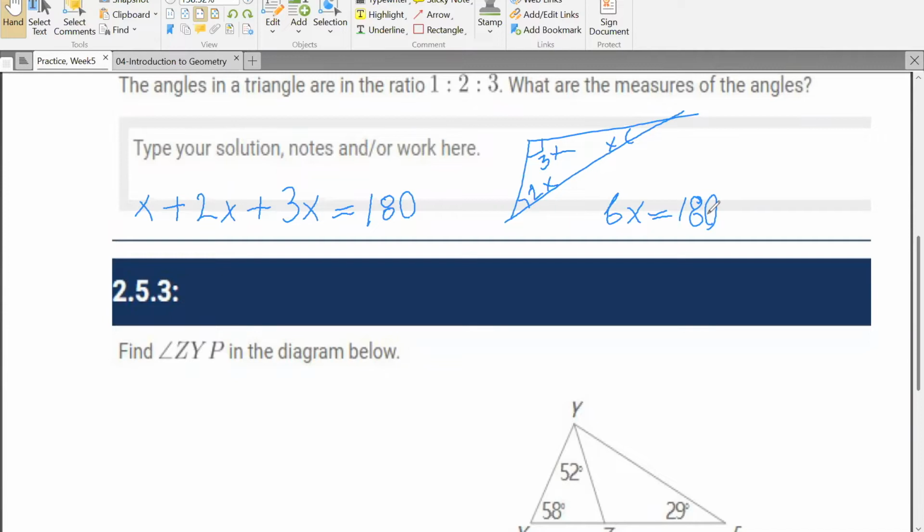As I said, when you get to this point, you divide both sides of the equation by whatever is multiplied by x, which we call the coefficient, by 6. This way, you get your x isolated. So x equals 180 divided by 6, which is going to be 30. Okay. Does anyone have any question, please? Please ask me.